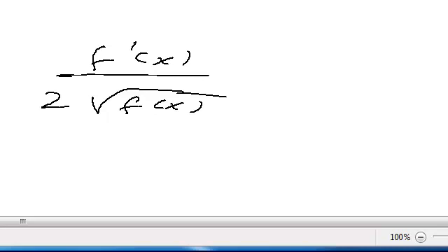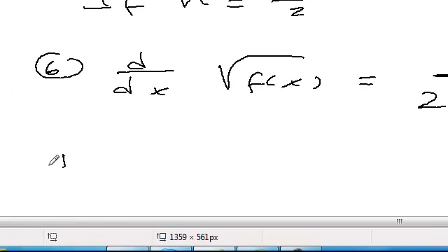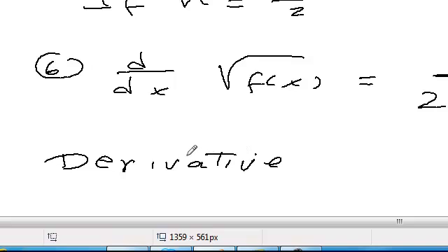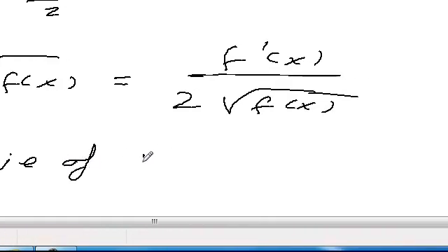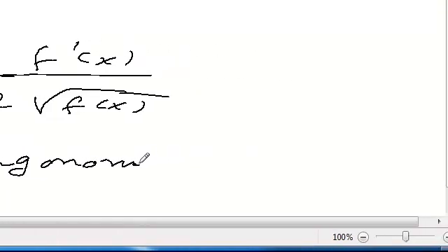Now, the derivative of trigonometric functions.